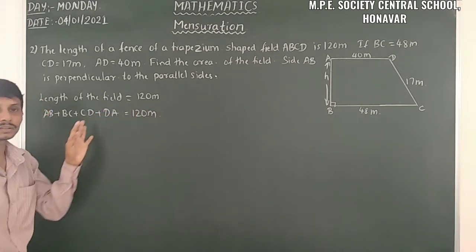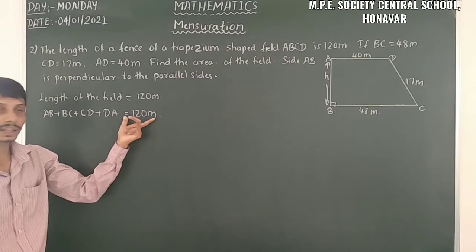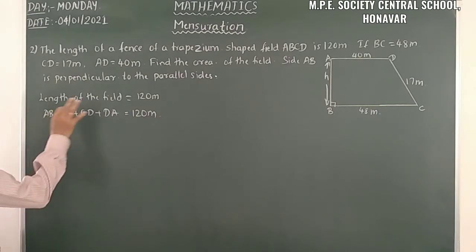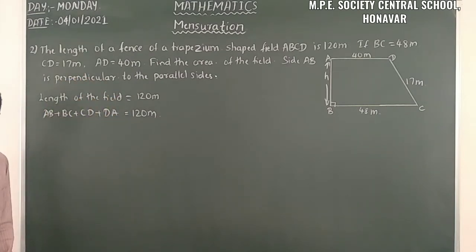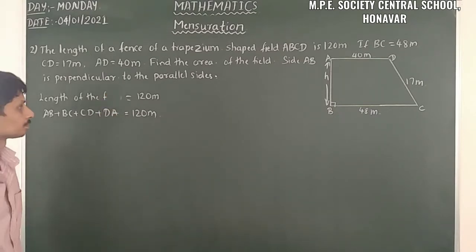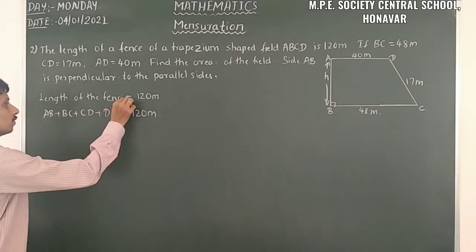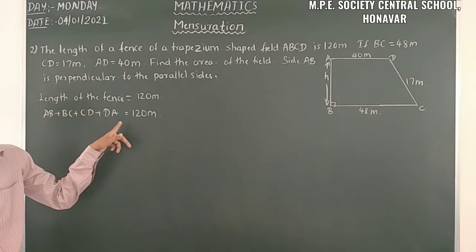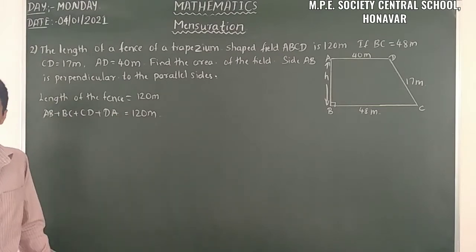The sum of all those sides is the length of the fence. Let us take it, it's not a field, it's a fence. Yes. So AB plus BC plus CD plus DA is equal to 120 meter here.